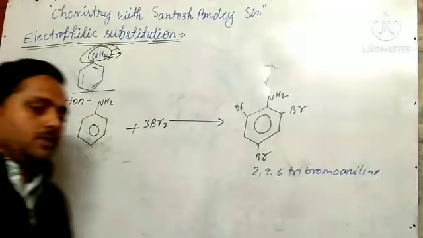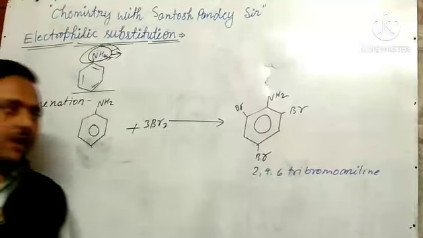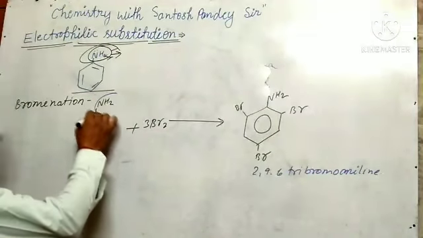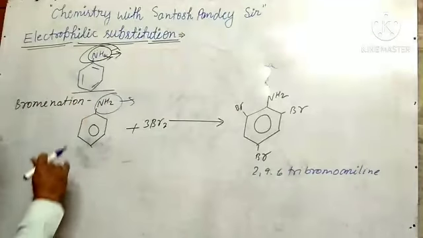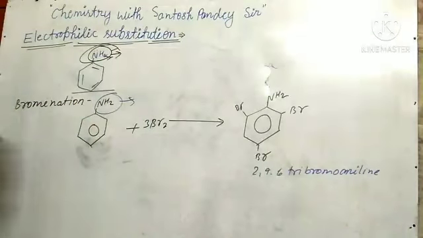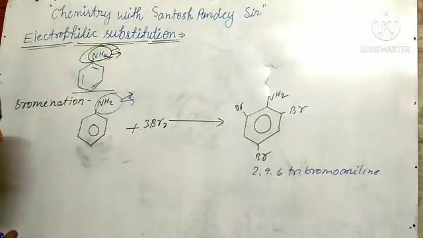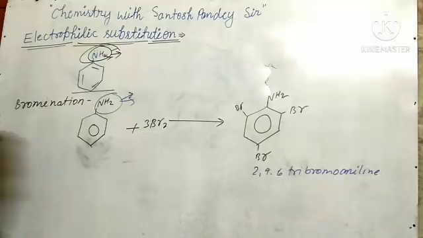If we want to form only the monoproduct, there is a problem. For that we have to protect this group, because it activates the benzene ring much more. To get the desired product, we have to protect it with acetic anhydride, followed by hydrolysis, and we get the desired monosubstituted product. Let us see.